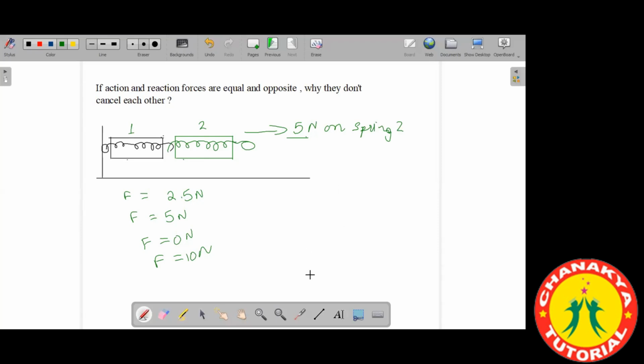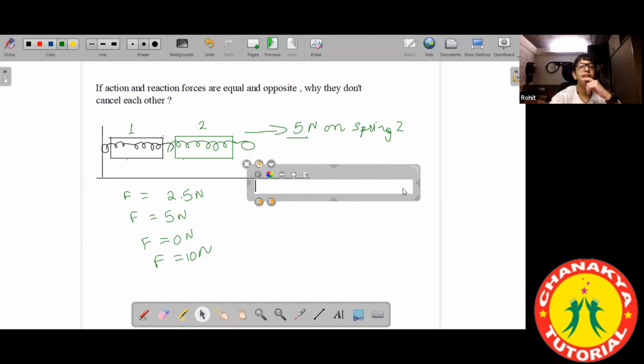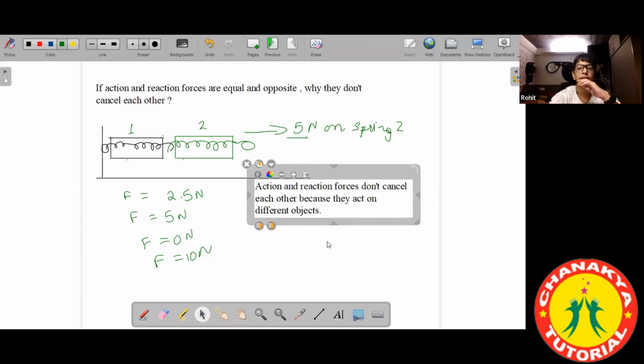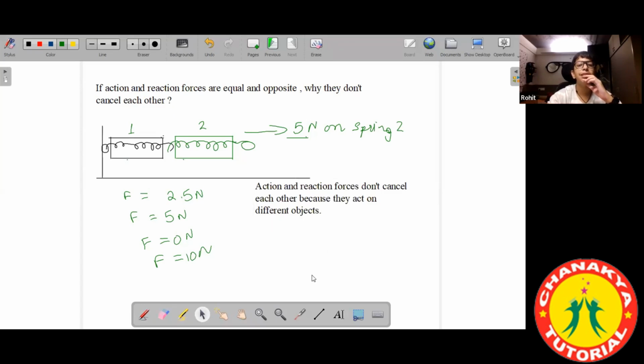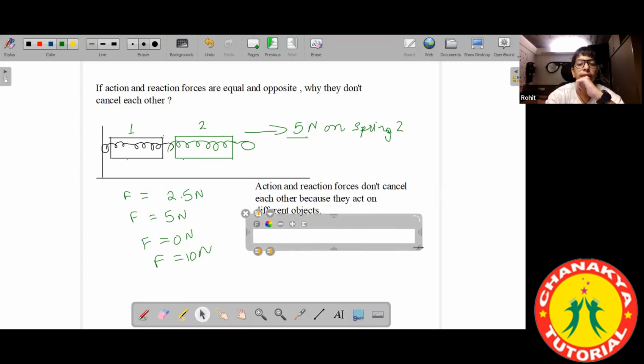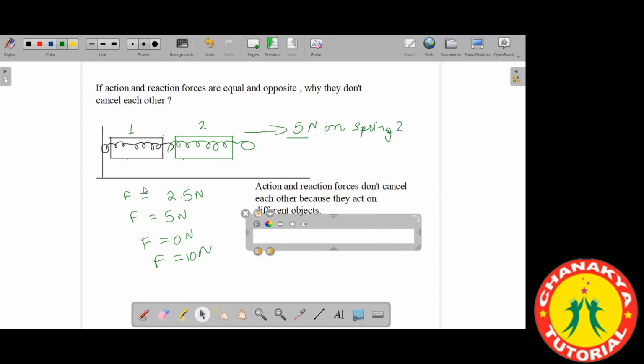I can't add all, but those who answered first, their answers I am adding here. They don't cancel each other because the third law of motion states that every action has an equal and opposite reaction. So that is true, but why don't they cancel then?